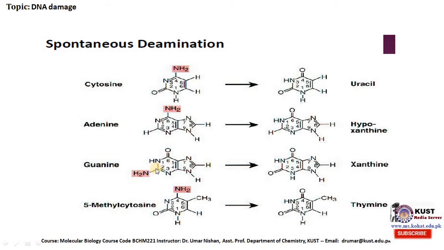Guanine in the process of deamination can be converted to xanthine. 5-methyl cytosine can be converted to thymine. So these are the different examples of how deamination can take place.